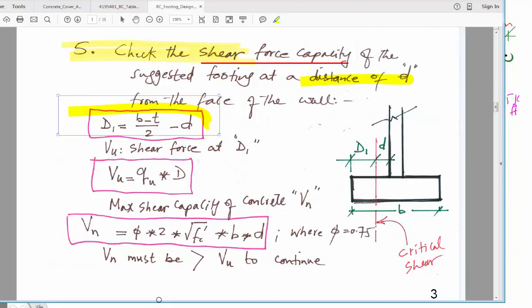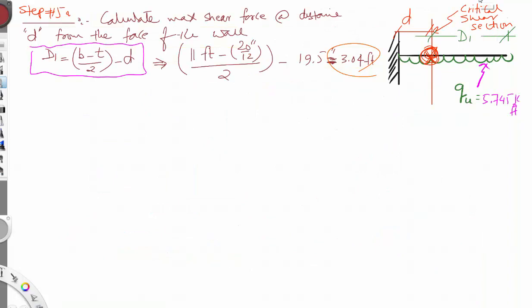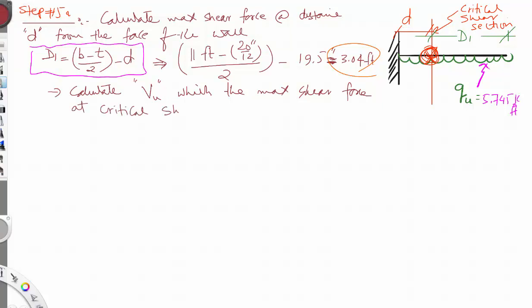We call VU the maximum shear force, which is here at the critical shear force section.